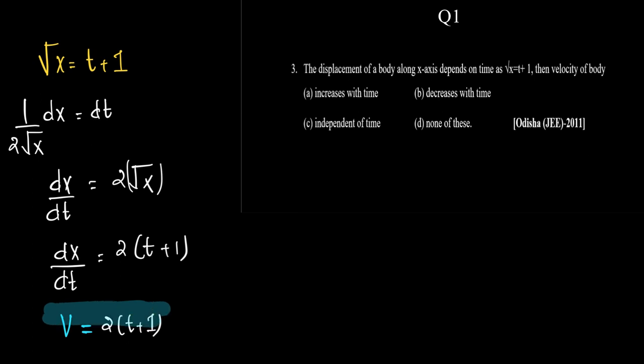Before we discuss the options, let me tell you one more thing. Many a time students ask me this question: should we be squaring all the time? That's not required. You can do the question otherwise also. But let me solve the other way around.